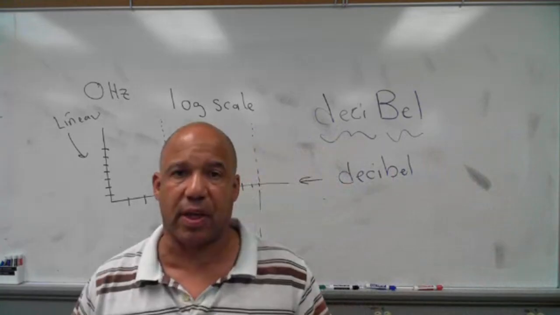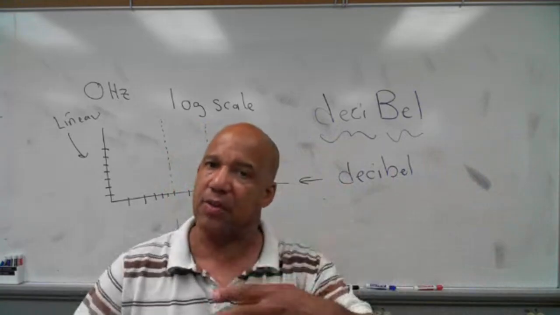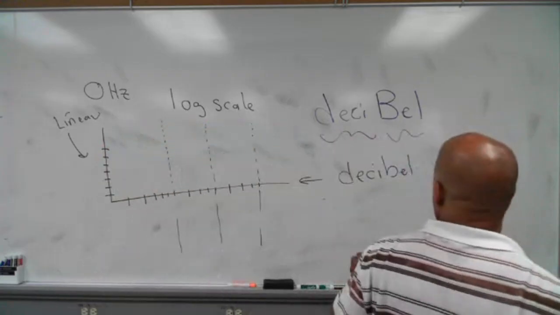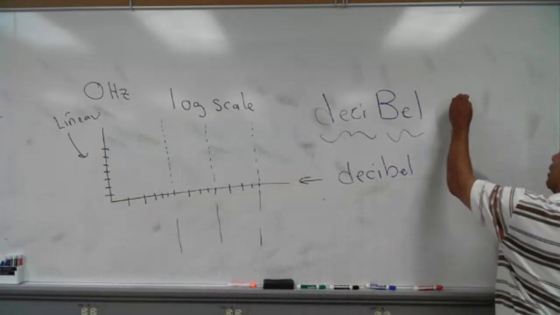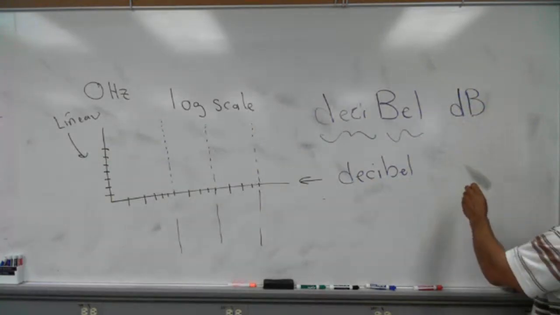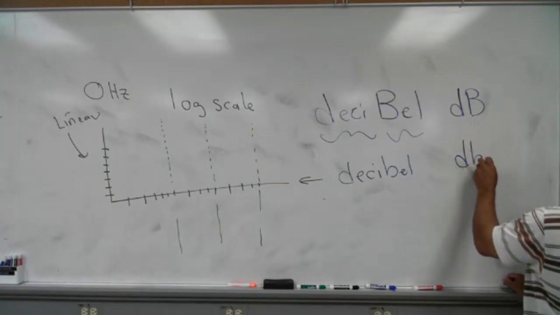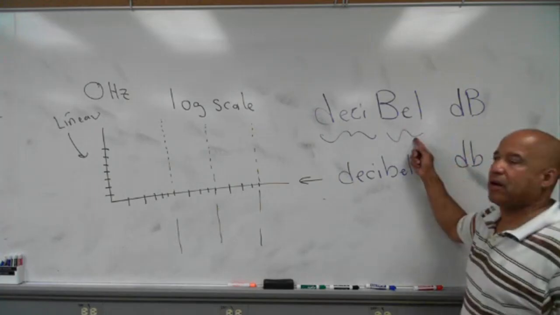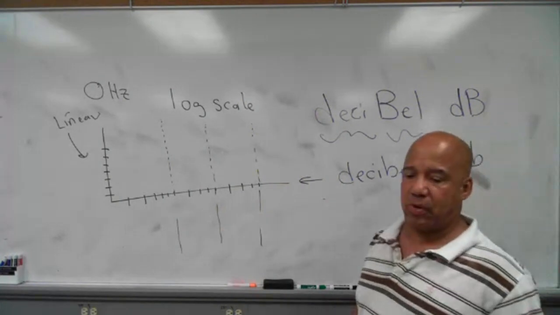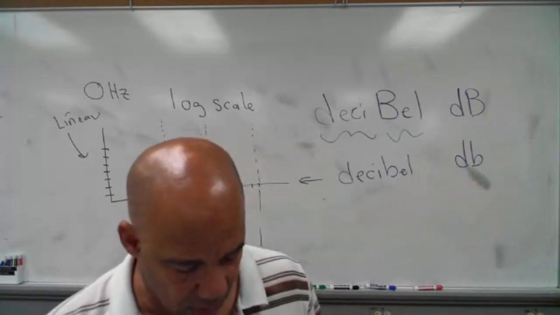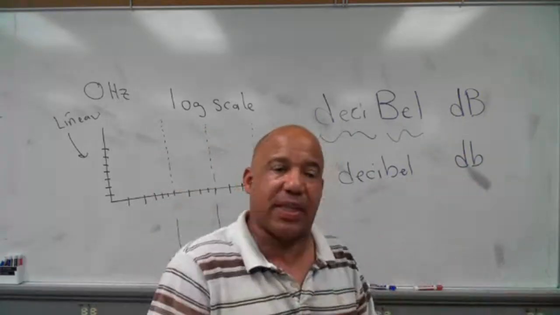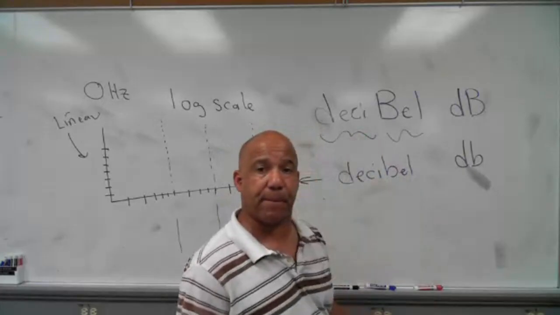It's a unit where you compare powers together using a ratio, the decibel. What they'll do is write this either as a lowercase d and an uppercase B, or I've seen it as a lowercase d and a lowercase b. They shorten decibel to dB. So when we do analysis with filters, since we use a logarithmic scale, the math that fits with that is the decibel.